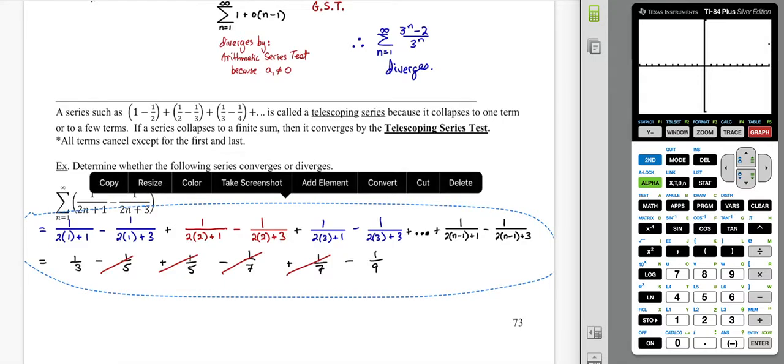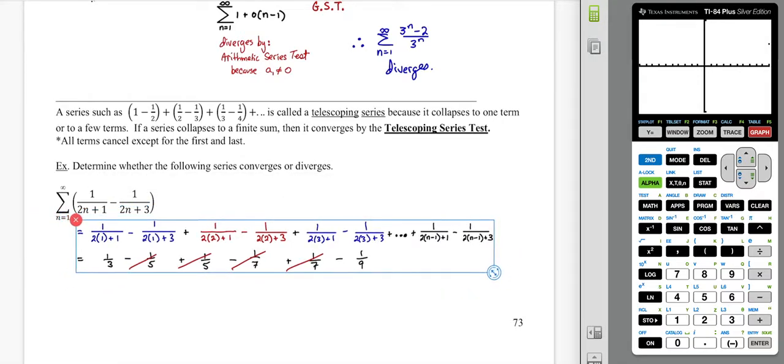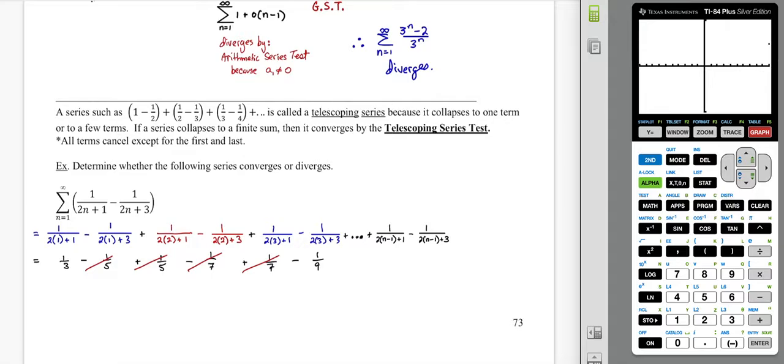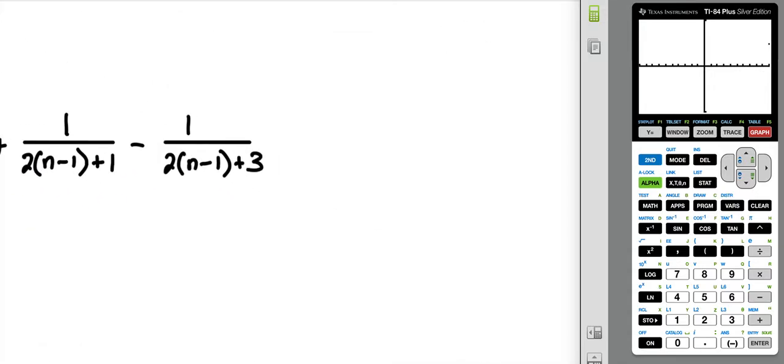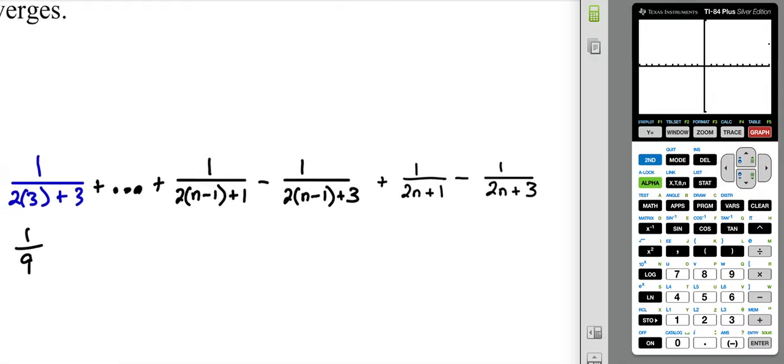And so, shrinky dink, coming right up. So we would be looking at plus 1 over 2n plus 1 minus 1 over 2n plus 3.